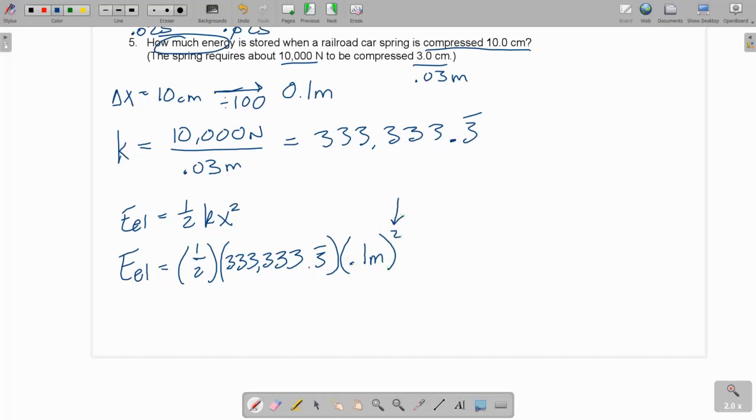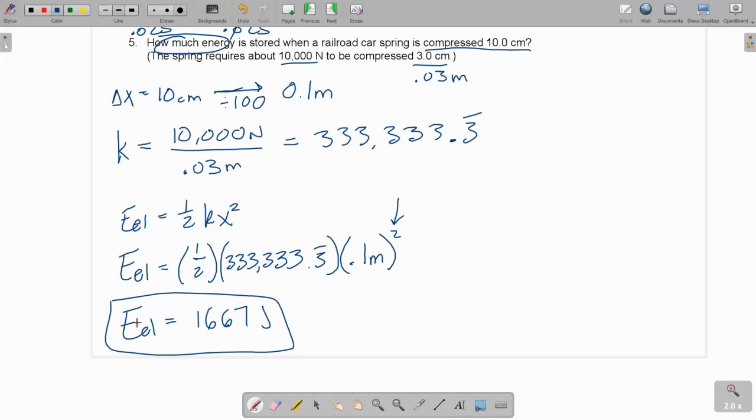Okay, so then we go ahead and do this. 333 times 1/2 times 0.1 squared comes out to be 1,667 joules, rounded.